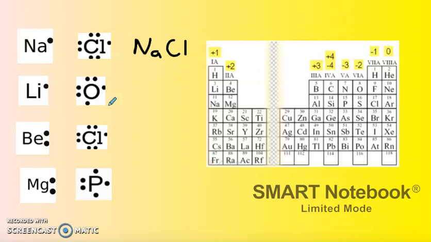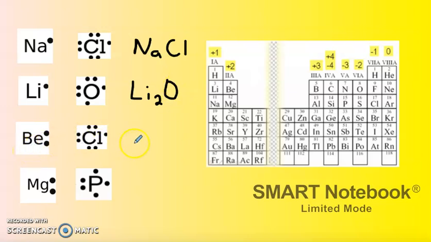So what would the chemical formula be when you have Li and O that bond? What do you think? Let's take a look here. Li is +1, O is -2, so you have to have two Li's. Li is +1, so another Li would make it +2, and that would even out. +2 and -2. Does that make sense? So that would be Li2O.